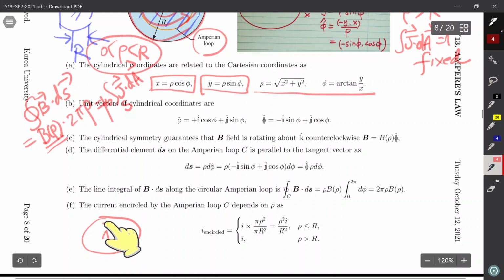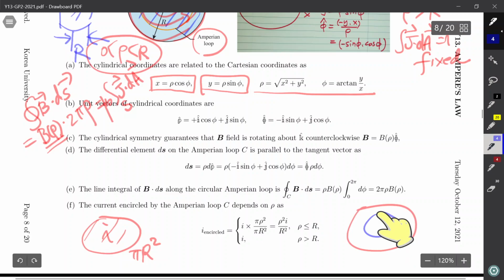Current I is flowing in an area of pi r squared, and what happens if I shrink the size to rho with the uniform current density? Then the I enclosed by radius rho is just I times rho over r squared, because the area is pi r squared.